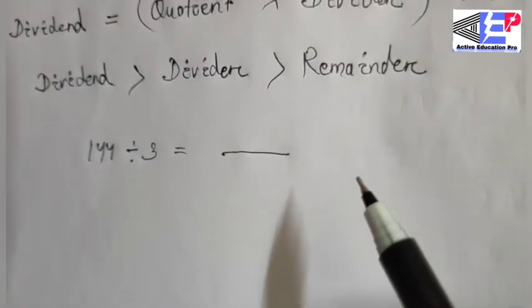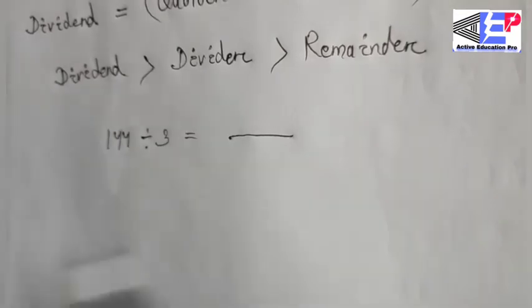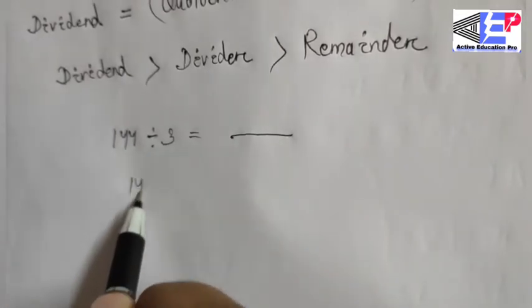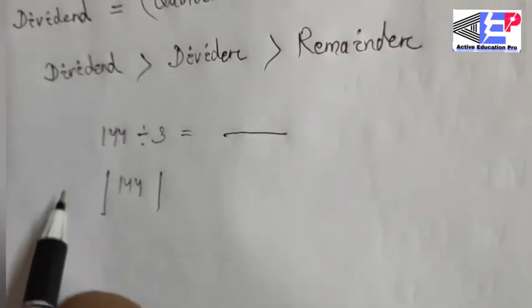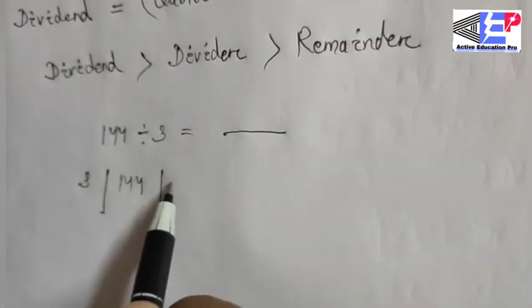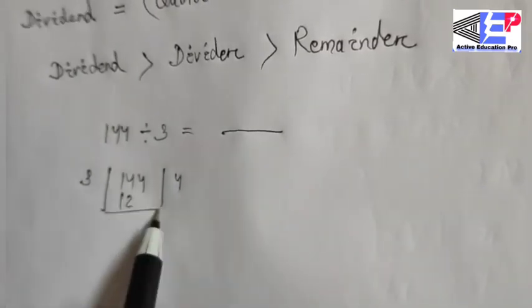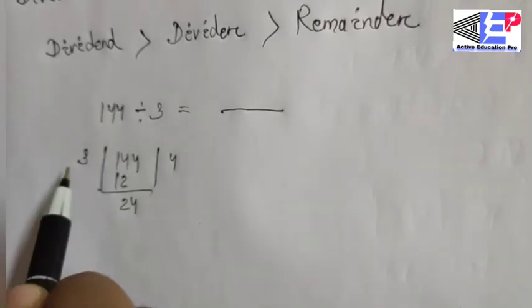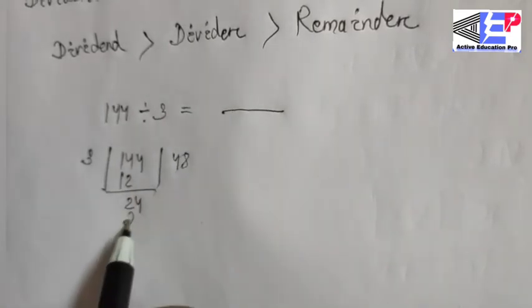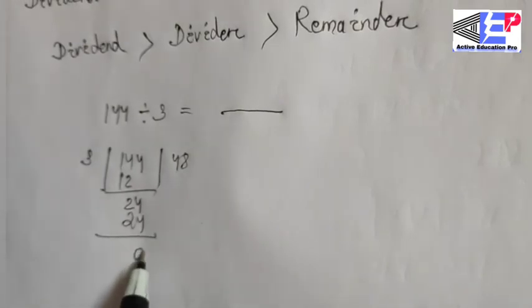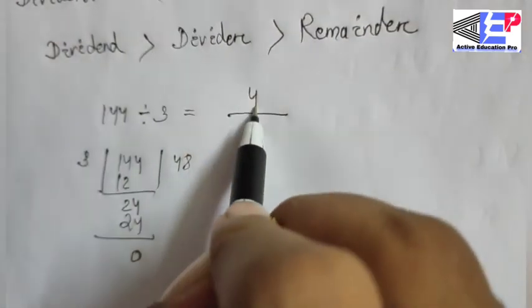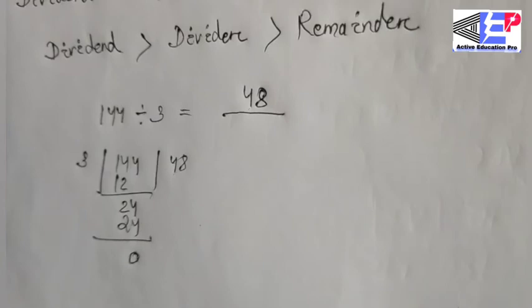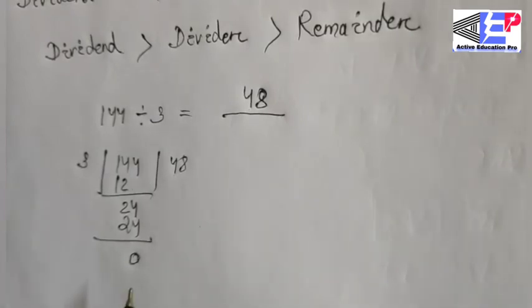We can simply divide it. 3 4s are 12, remainder 2, then bring down 4. 3 8s are 24. Remainder will be 0. It means answer is 48. Quotient is 48. It means 144 is completely divisible by 3, and quotient is 48 and remainder is 0.